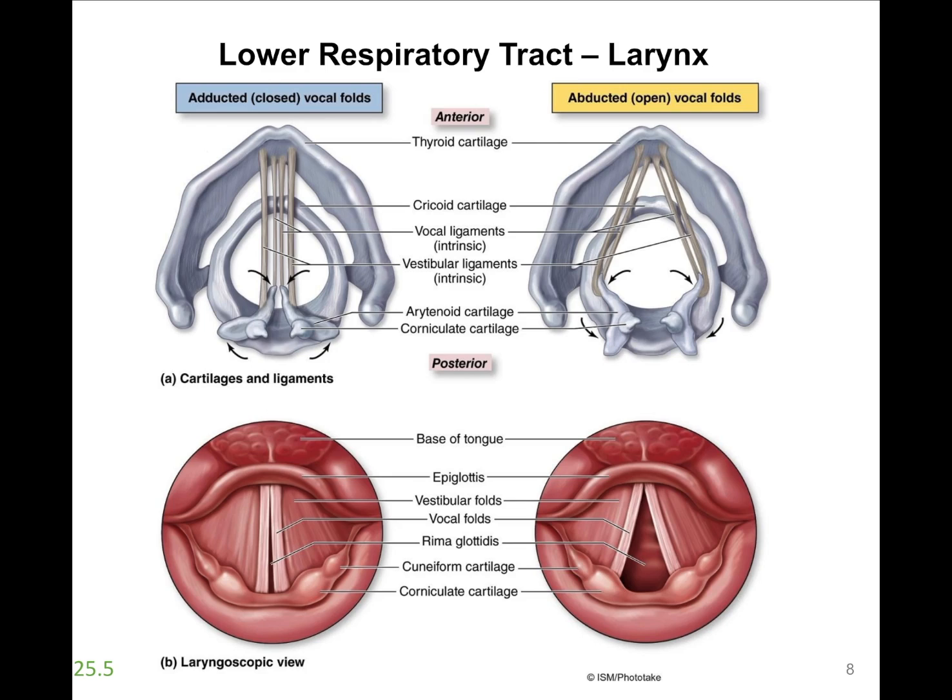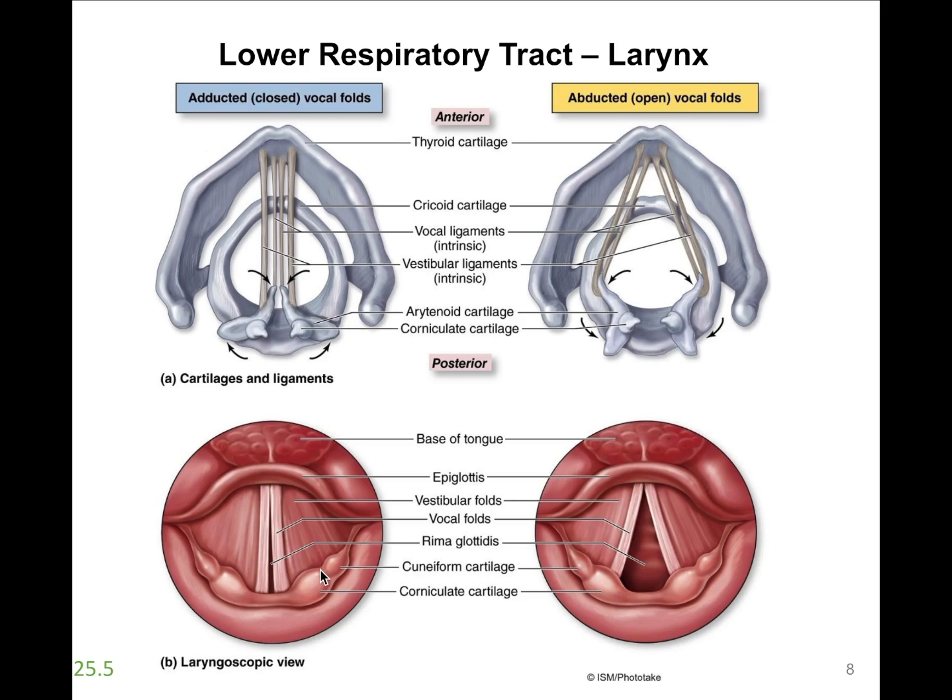Okay, so this view right here is looking down from the top of the larynx. So if you were looking down at somebody's throat with a scope, this is what you would be seeing. You would be seeing something that does not look this nice, but this is what it would look like. And this is what's underneath all of this.